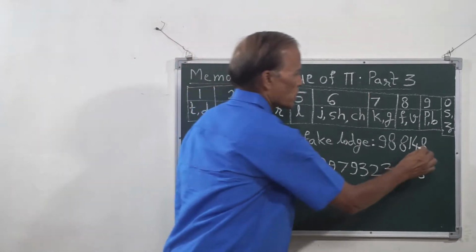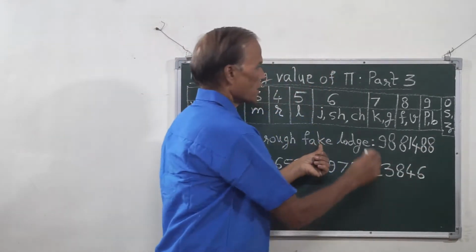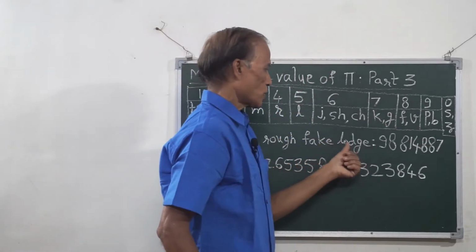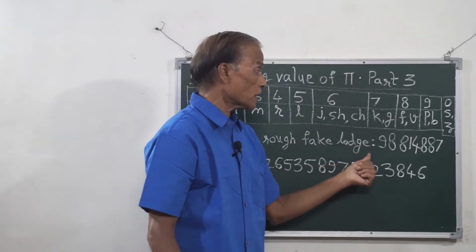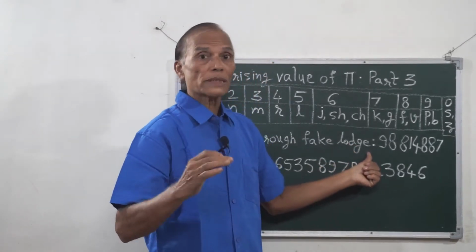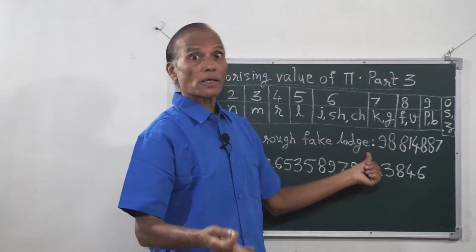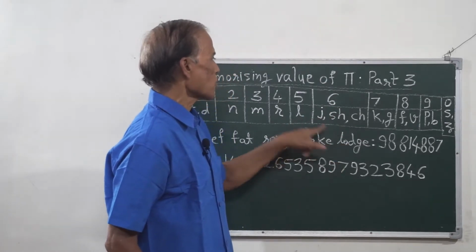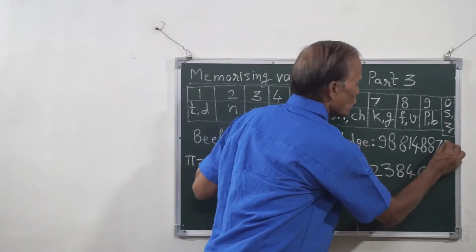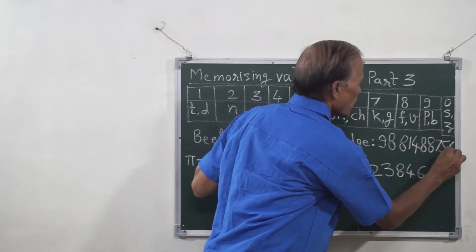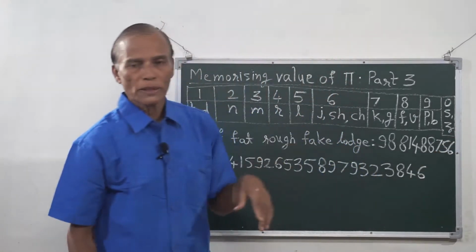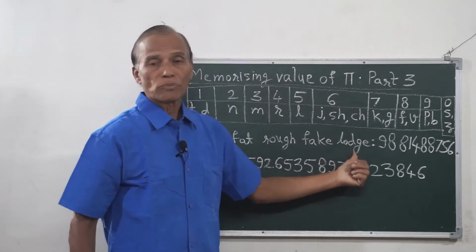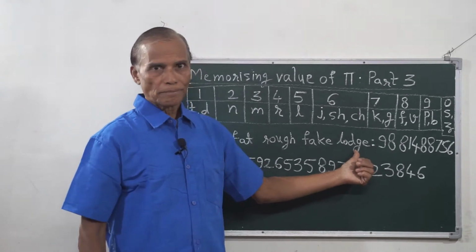Fake, F gives us 8, K gives us 7. Lodge, here actual spelling is DGE, but the pronunciation is J. So J sound is there. So that will be 6, and L sound gives us 5. So it is 5, 6.